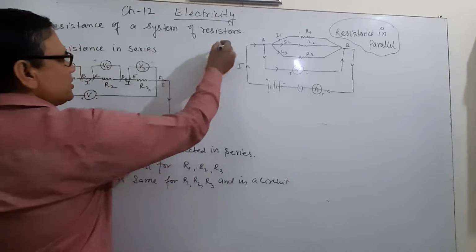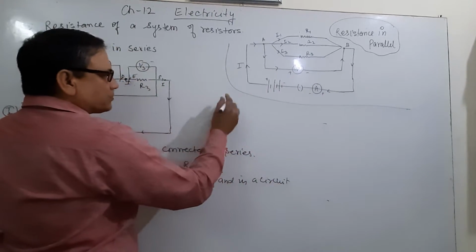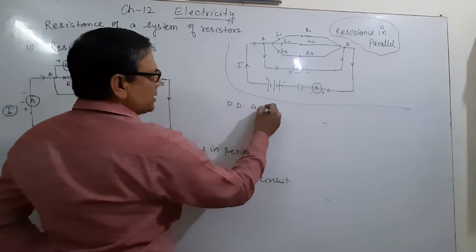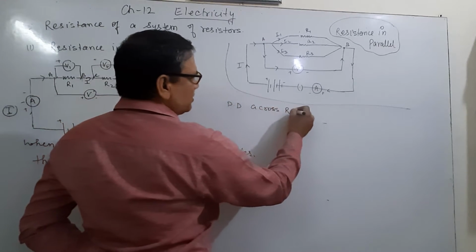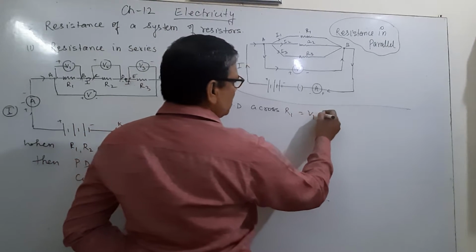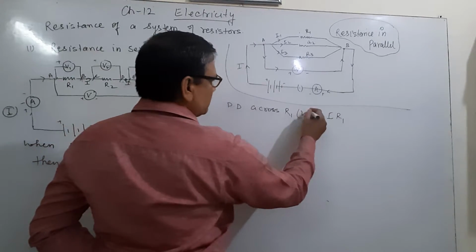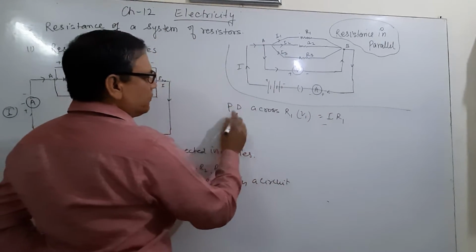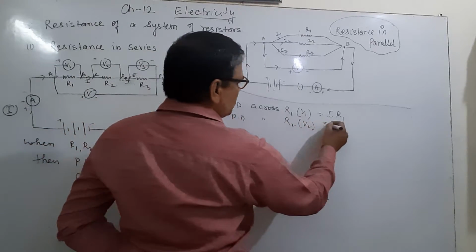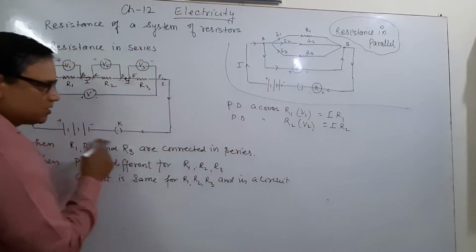Let us assume for the series. Potential difference across R1 is V1, which is equal to I R1. Potential difference across R2 is V2, which is equal to I R2. Why is the current the same here?